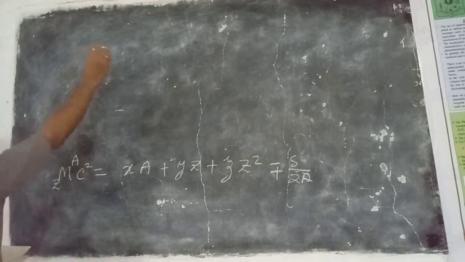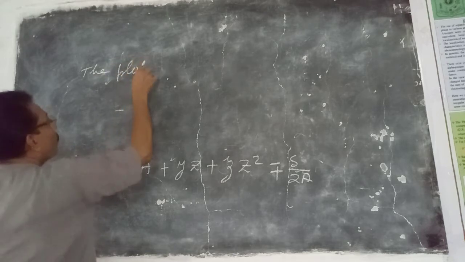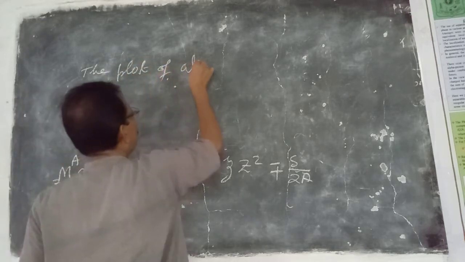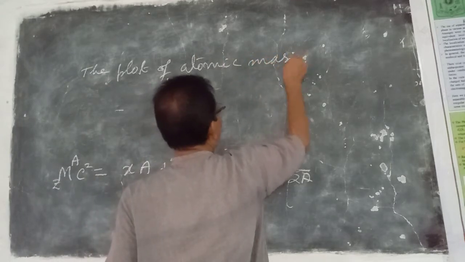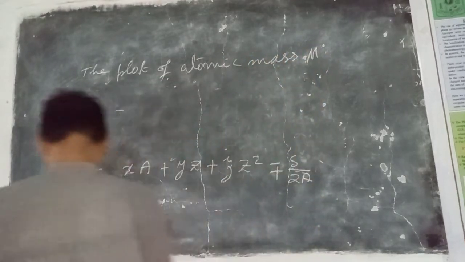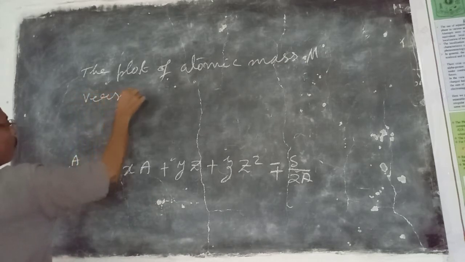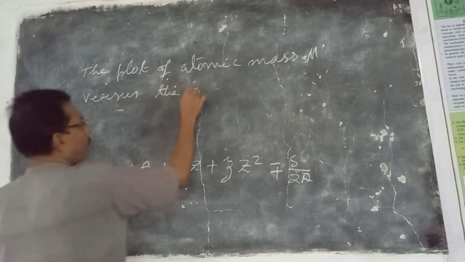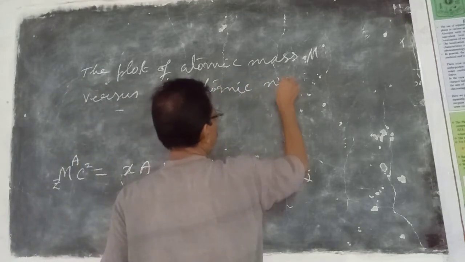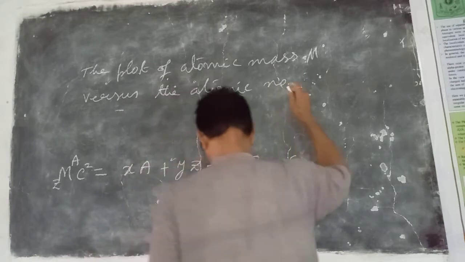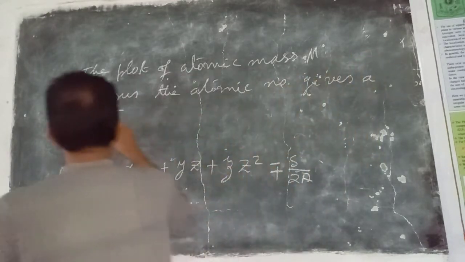The plot of atomic mass M versus the atomic number Z gives a mass parabola.